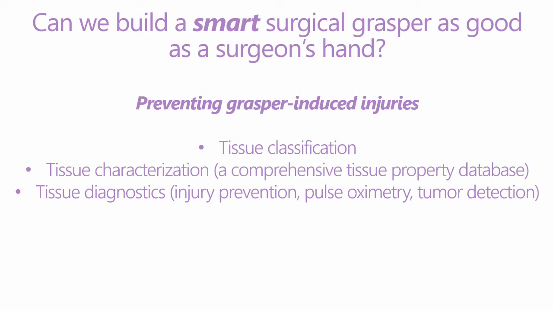Can it identify different tissue types and distinguish between one tissue type and another? Can we use such a smart surgical grasper to perform an exhaustive tissue property characterization? Imagine a complete tissue property database that can be used for a realistic surgical simulator. Can we also use a smart surgical grasper to perform tissue diagnostics?